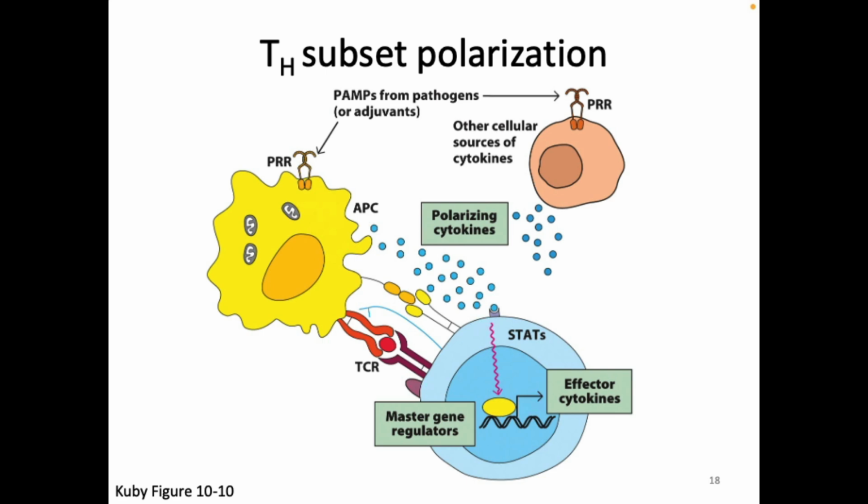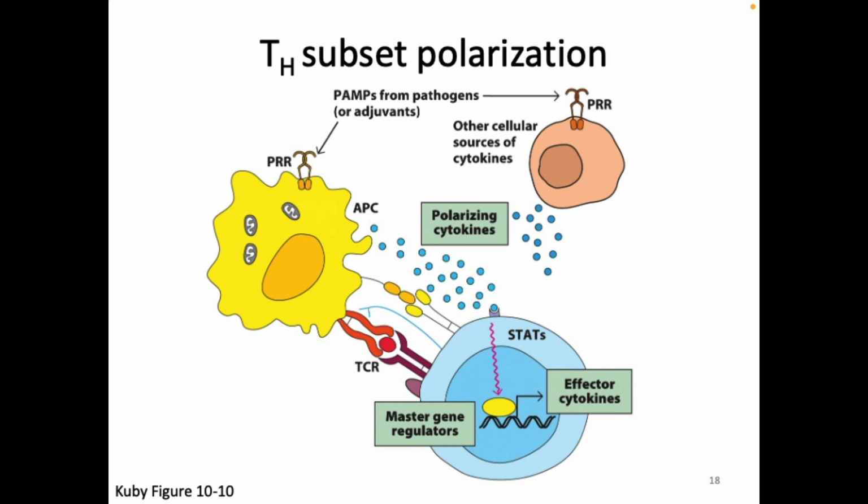That polarizing cytokine is generally coming from, say, that first infected cell, that first cell that's presenting on MHC. How do you think that cell might know that it wants a fungal infection T cell or a parasitic worm infection T cell or a virus infection T cell?